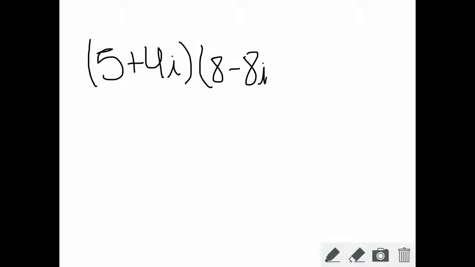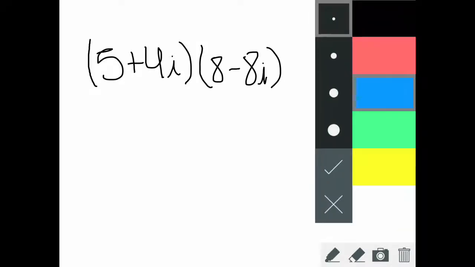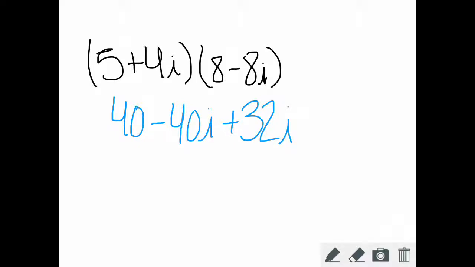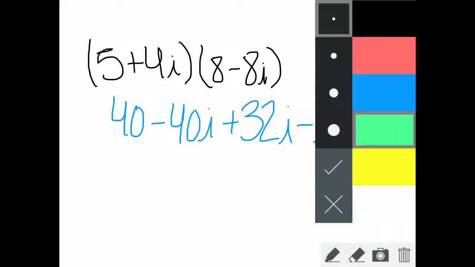On to the next multiplication problem. It is (5 + 4i) times (8 - 8i). Now first you want to do FOIL. So you're going to do 5 times 8, which is 40. Then 5 times -8i is -40i. Then 4i times 8 is 32i. And then 4i times -8i is -32i squared.